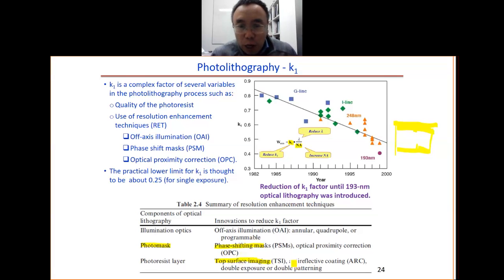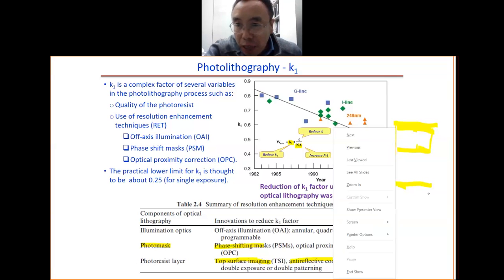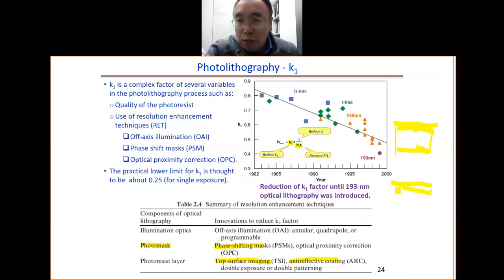We can also use the anti-reflection coating. So when we have the resist, actually this is not optional, so we have to use it. There must be a layer with anti-reflection coating, because otherwise, when the light comes in, if it reflects back from here, then there will be the incident light and the reflected light, and they will interfere. You form some patterns on the profile, so this is not good.